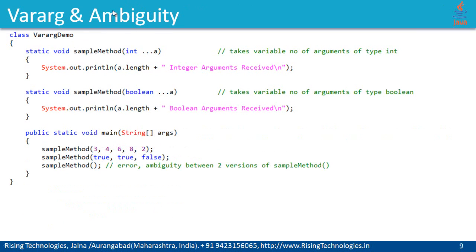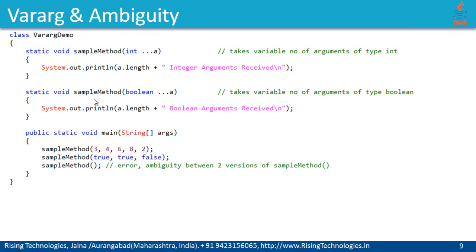Now we must consider the ambiguity factor while creating Vararg methods. Look at this particular piece of code. I have this sample method that takes an integer variable length argument. I have one more sample method that takes boolean variable number of arguments. We know that we can invoke this method by passing no arguments as well as any number of integer arguments.